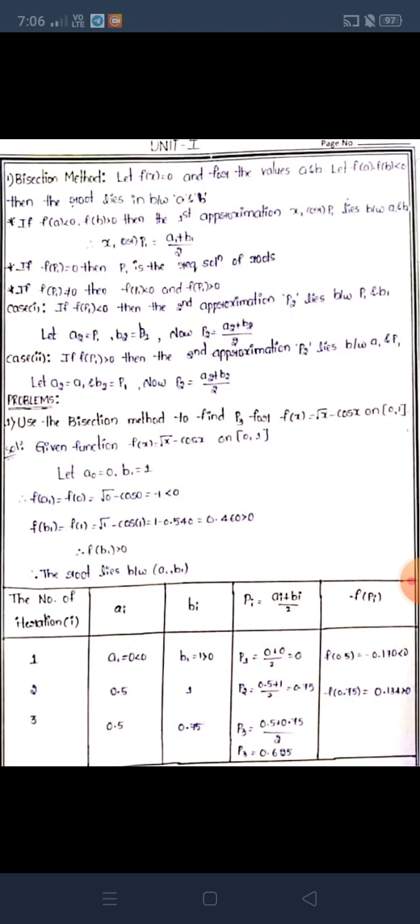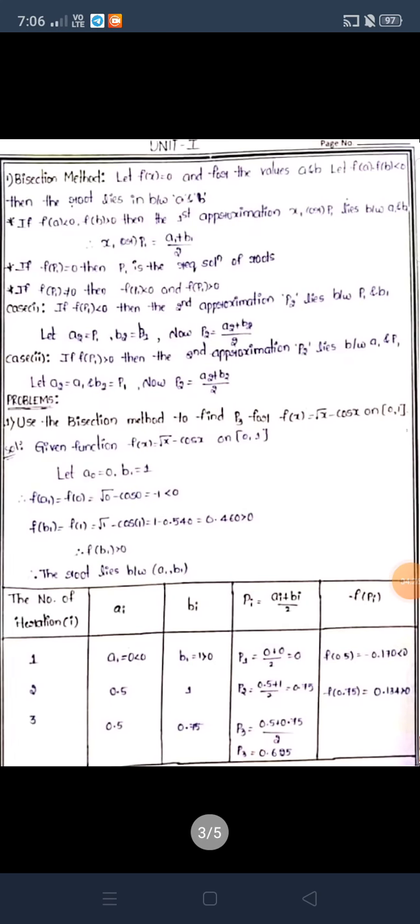We see the following table. The number of iteration i, ai, bi, pi is equal to ai plus bi by 2, f of pi.